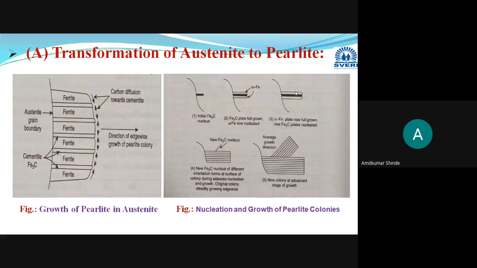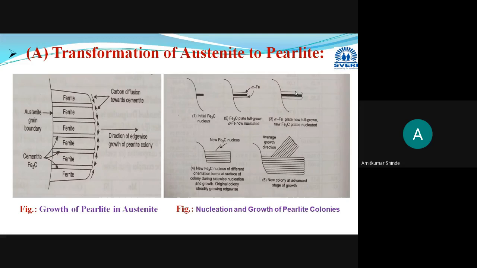In this way this process will get repeated again and again, and a number of alternate layers of ferrite and cementite will be formed. Cementite is forming due to the diffusion of the carbon, and ferrite is forming due to the rejection of the carbon. In short, in the carbon deficient region adjacent to the cementite, ferrite will get formed.